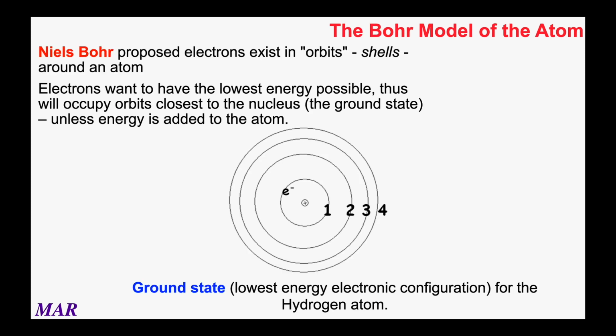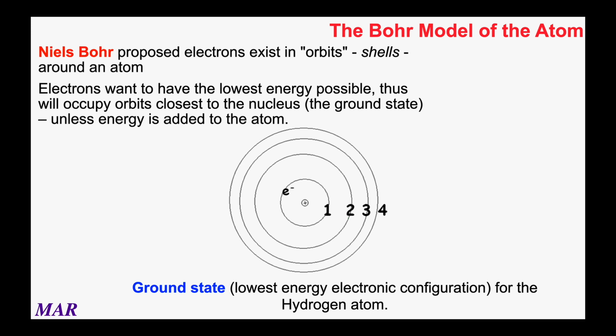That worked okay for a while, but then there were still questions about how electrons exactly were around the nucleus. The first person that came up with some really cool ideas was Niels Bohr. The Bohr model of the atom can still be used, and we'll talk about this more. In the Bohr model, he thought about them as being like different spheres, and electrons would want to be in the lowest energy possible, lowest energy being negative electrons closest to the positive nucleus.